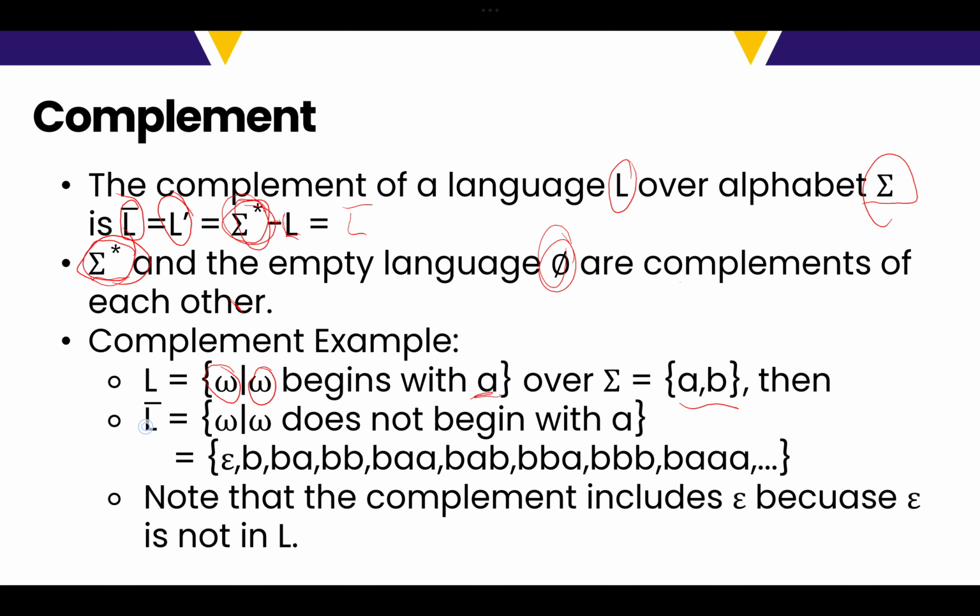Then, the L complement is omega, such that omega does not begin with A. So, kani siyang L is nagsugod og A. So, ang iyang complement katong wala nagsugod og A. Okay, so mao ni sila. All concatenation sa A, B, basta kay wa nagsugod og A.